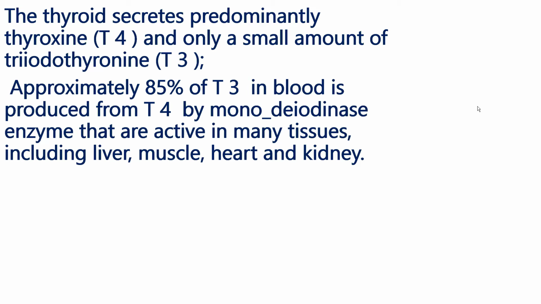The majority of the T3 in the blood is formed in the peripheral tissues from the T4. So the secretion of the thyroid gland is mainly T4 and a little of T3. The T4 and T3 are carried in the bloodstream to different tissues over what we call the thyroxine-binding globulin.